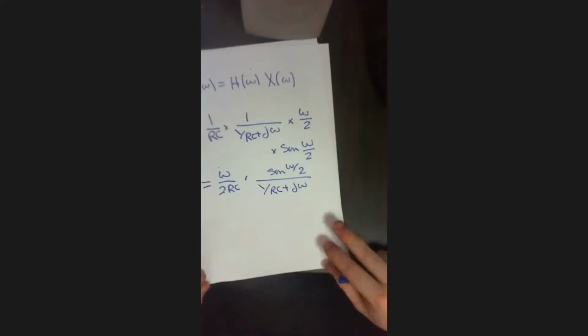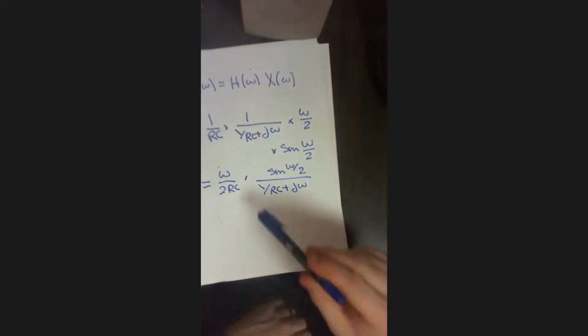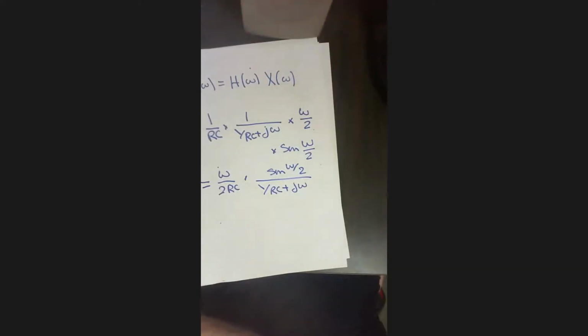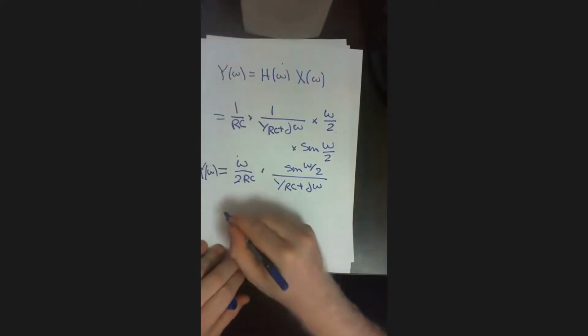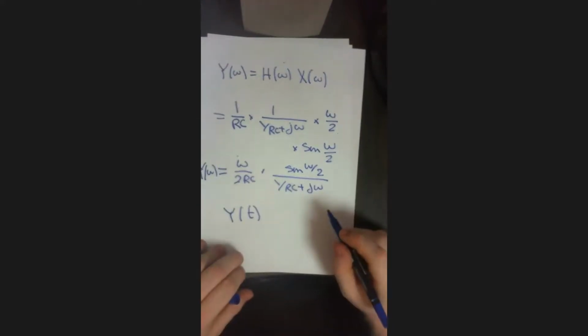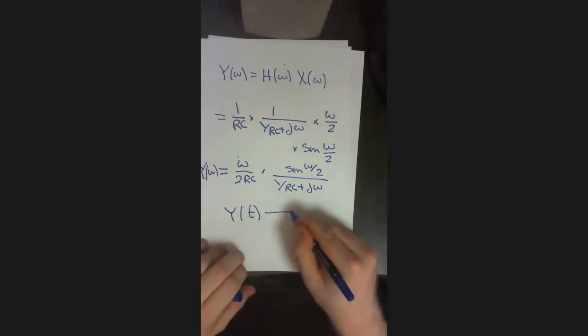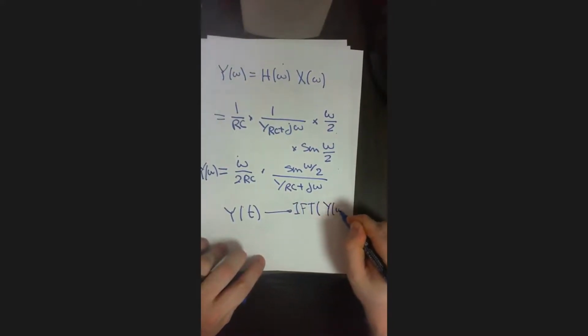Maybe it is somewhat complicated from a mathematical manner, but it's doable. You can just insert this function into the inverse Fourier transform equation, and then you can get the y of t function. So this is y of omega, and y of t is simply the inverse Fourier transform of y of omega.